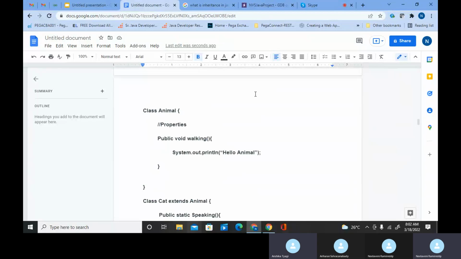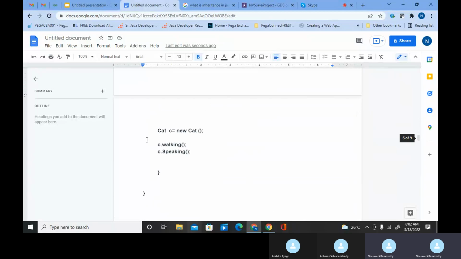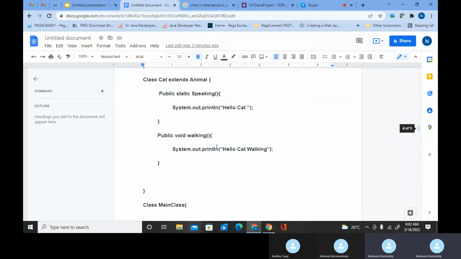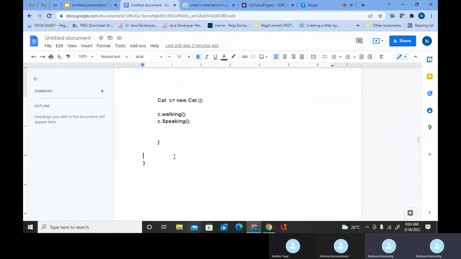Do some practicals and create the objects, like the main class and driver class, and see how the parent is called. You have to practice this analysis to understand which method is being called, the child class method or the parent class method. While running this program you can understand clearly. I think I'm going to wind up this session.